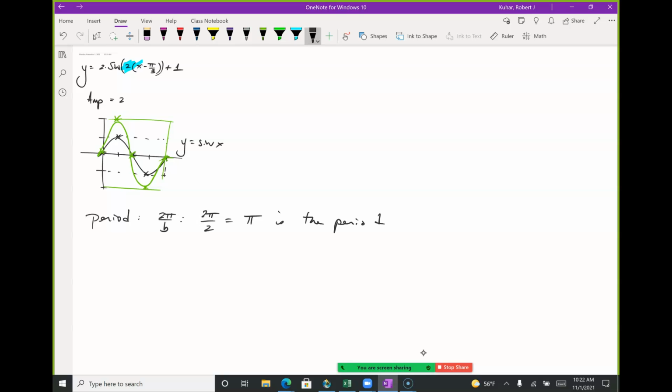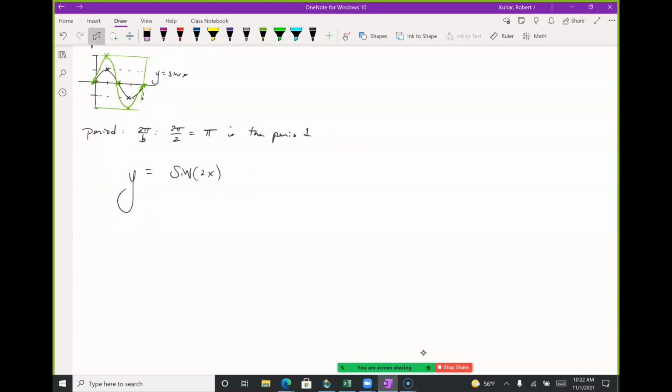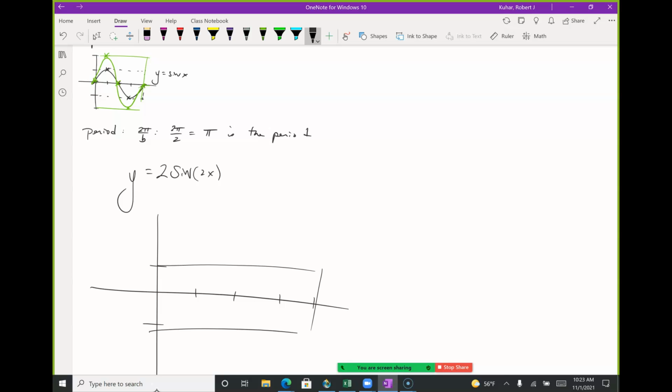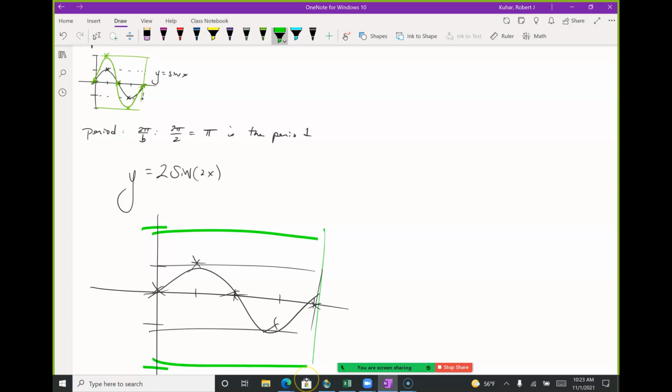So look at the curve now, y equals sine of 2x. Oh, and I had a 2 out front, right? So look at my original curve, 1, 2, 3, 4 quarter steps. Here's my original curve. Here's my amplitude modulation. I went up to 2. Look at my new box, right? Again, I'm seeing those quarter steps.